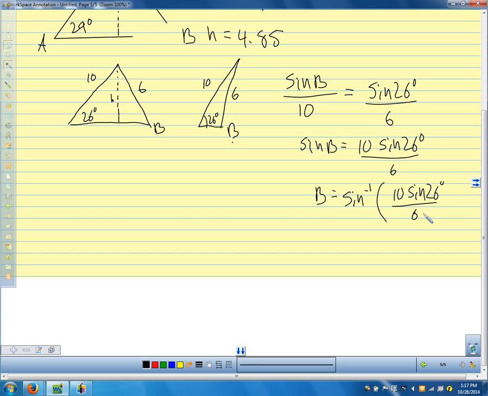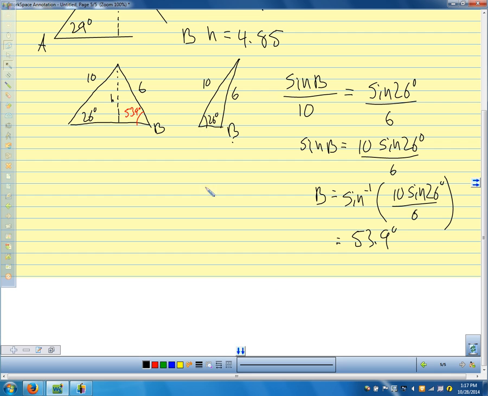I plug that in my calculator, and it tells me that B is about 53.9 degrees. So this angle is 53.9 degrees. That's one possible angle B for this ambiguous case.